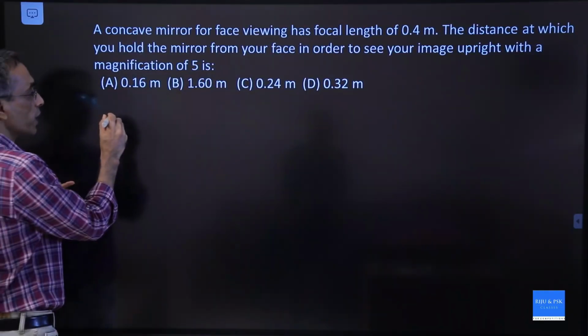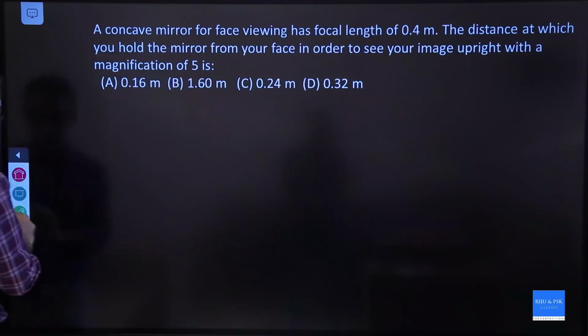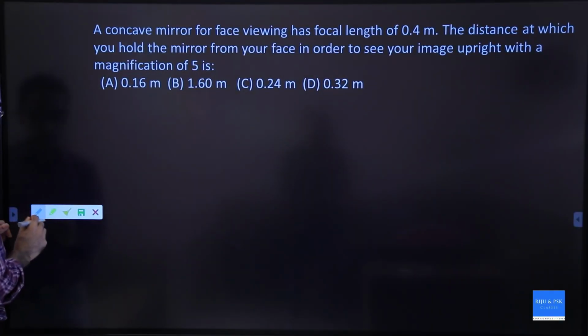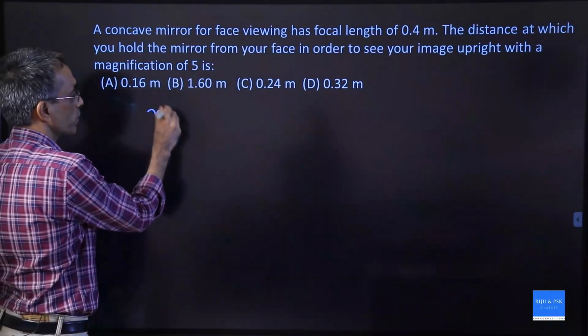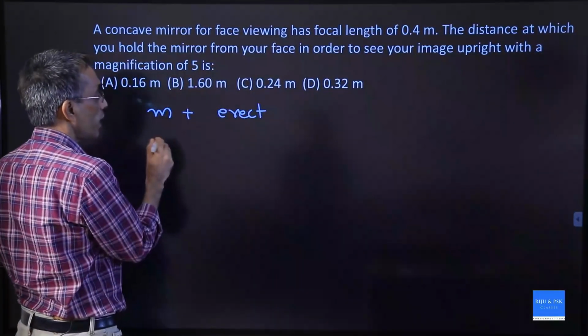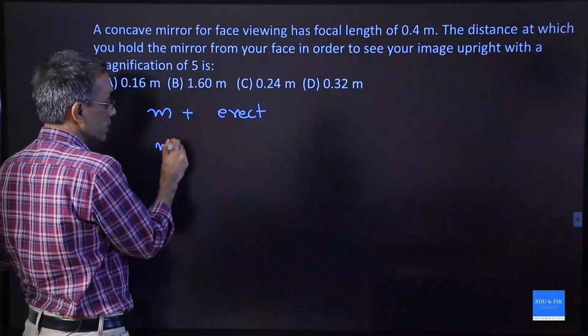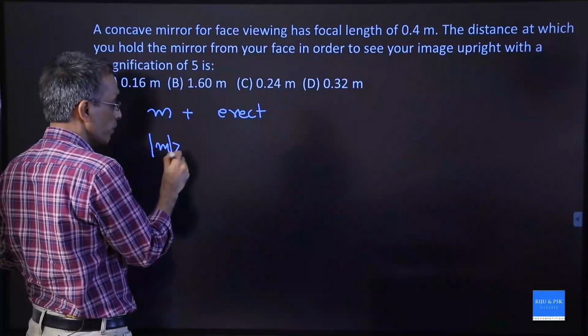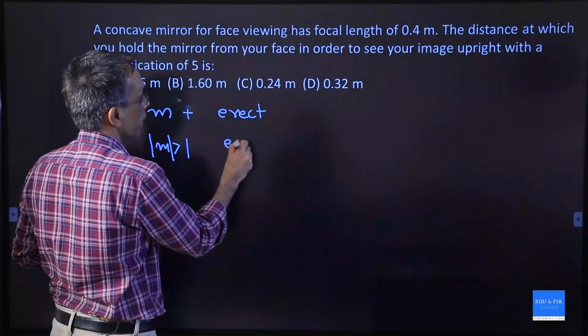See, when we studied magnification, we studied that magnification is positive for erect images, and the magnitude of the magnification is greater than 1 for enlarged images.